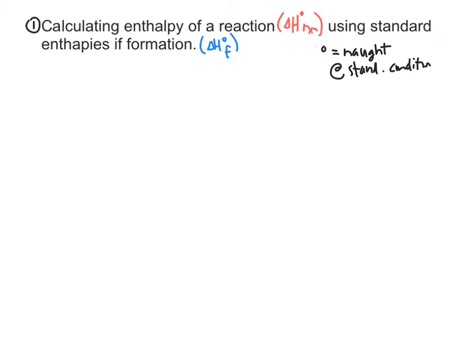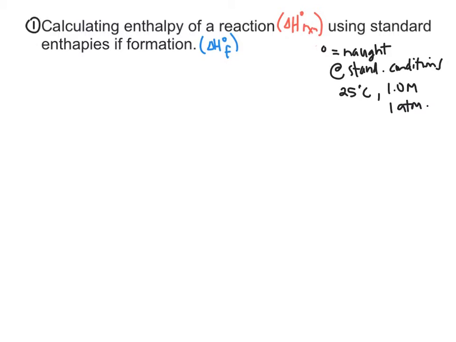For reactions in aqueous solution, which we've been dealing with, we're talking 25 degrees Celsius and 1 molar concentrations. And if we're talking about gases, we're talking about 25 degrees Celsius, and the pressure is going to be 1 atmosphere of pressure.